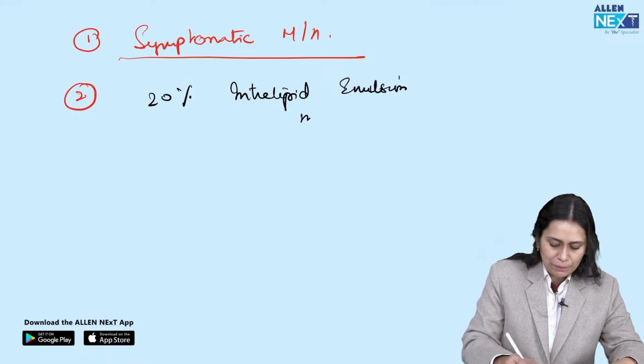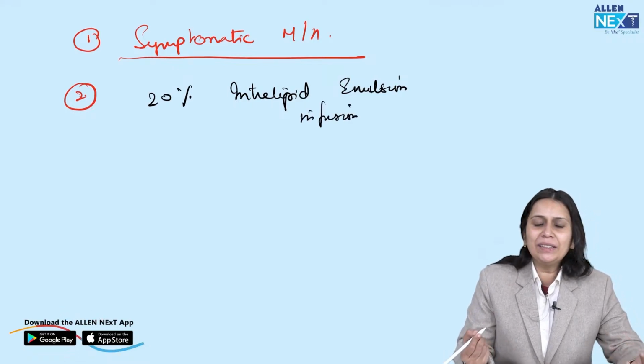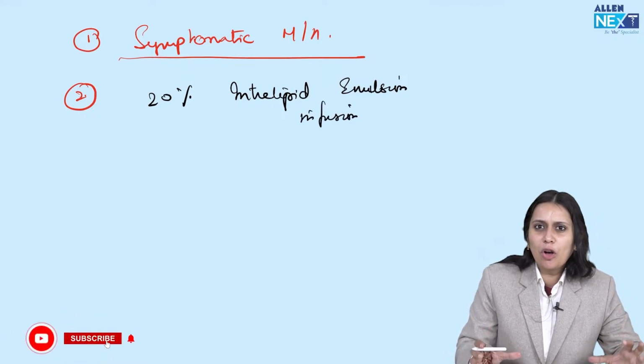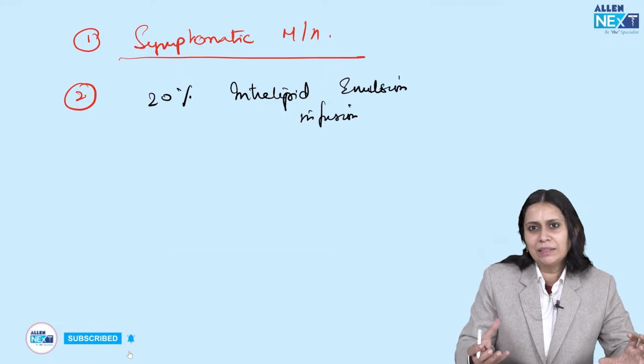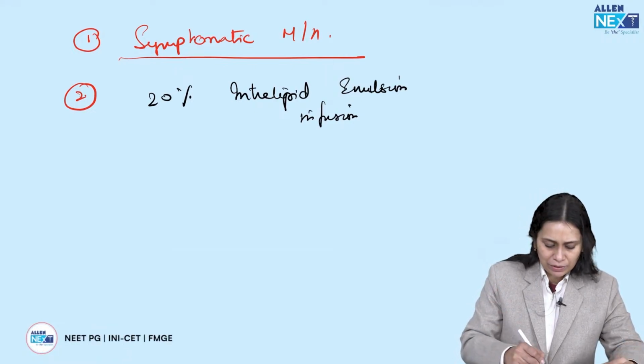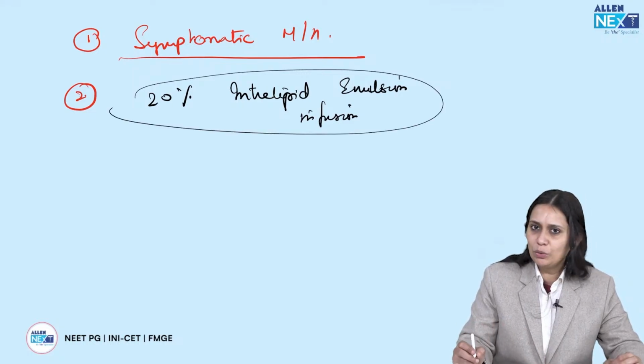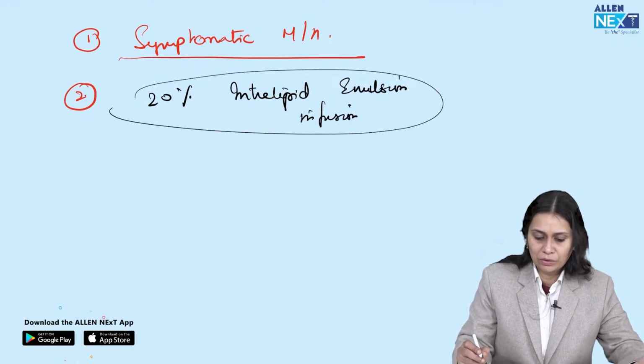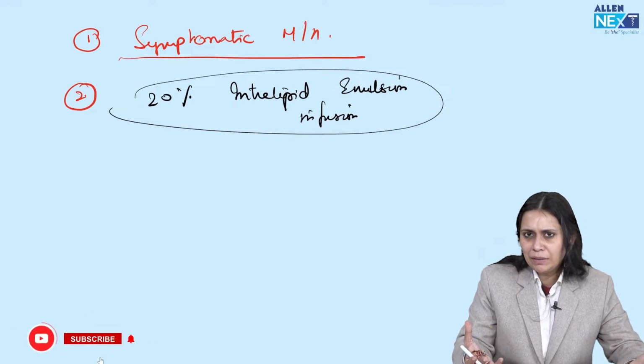Now 20% intralipid emulsion, when given intravenously, absorbs the local anesthetic, since the local anesthetic is lipid soluble. So this is the antidote we use in LAST. Any question asked on LAST, you have to answer that whatever the symptom is, I manage the symptoms.